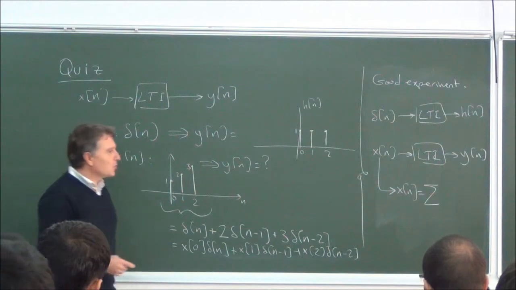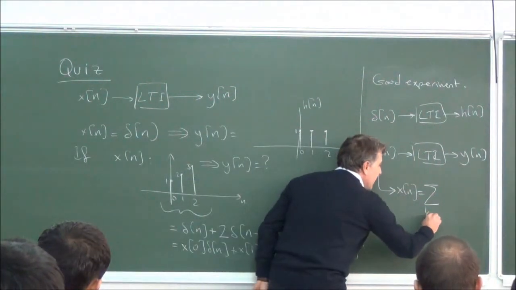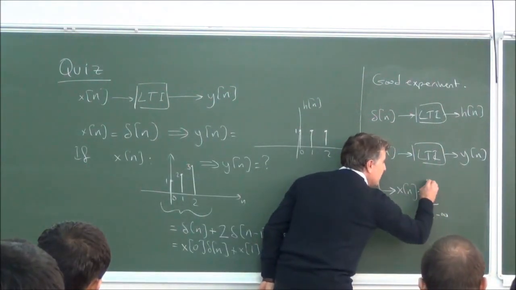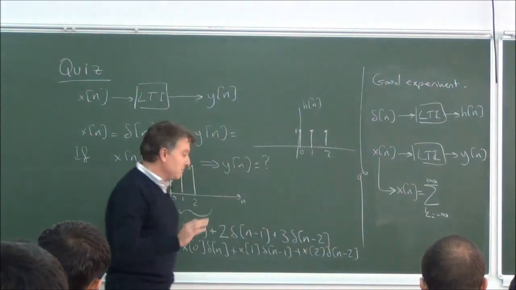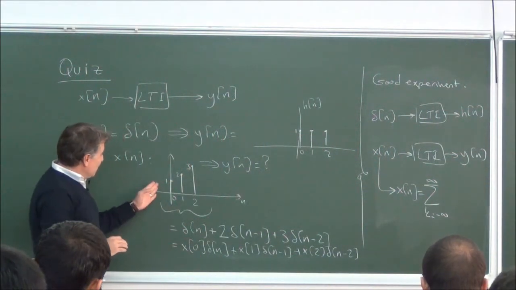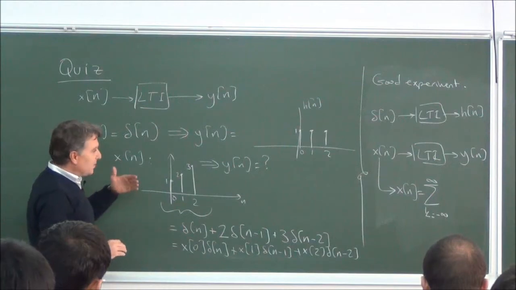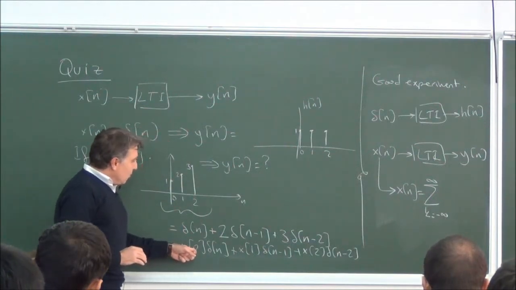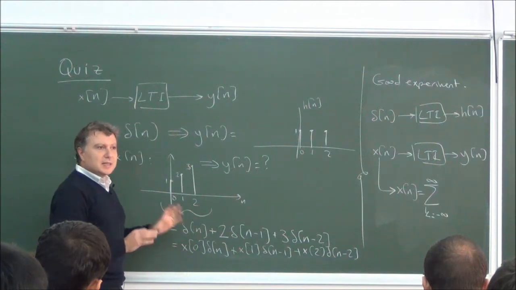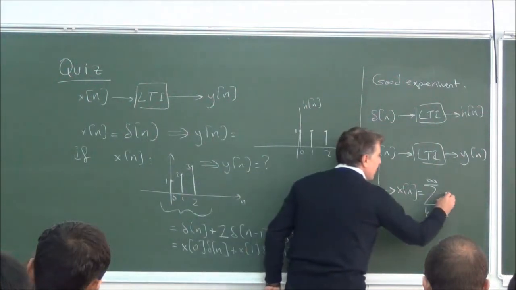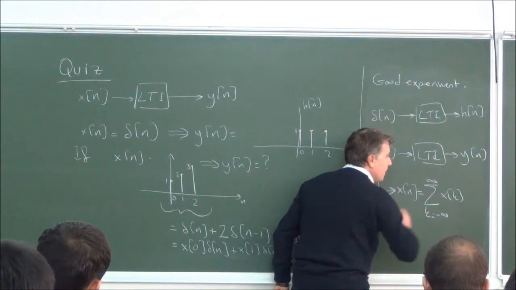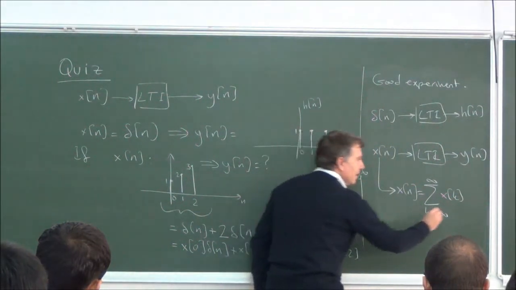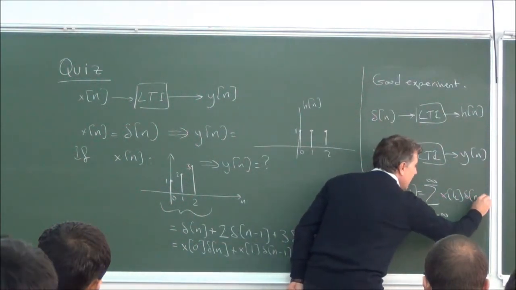It's just an input. So k from minus infinity to infinity. Not even from 0. It could also go to the left. What do we have? All those running indices must be inside: x of k delta n minus k.